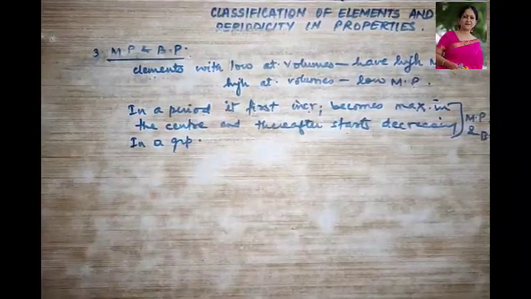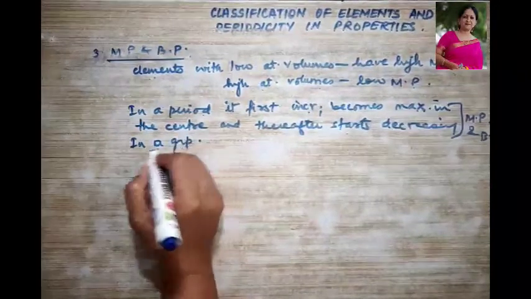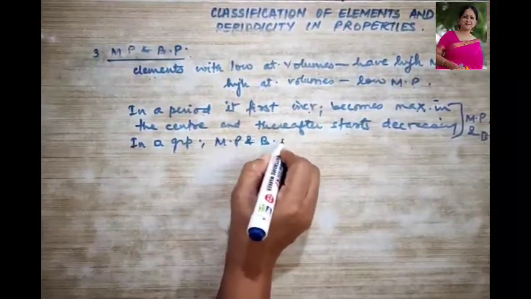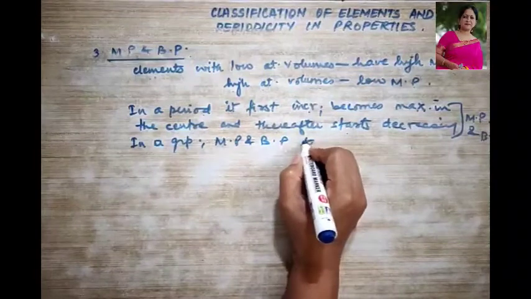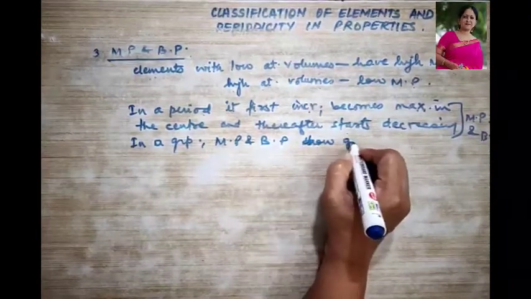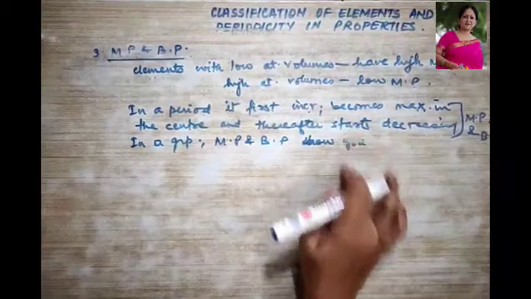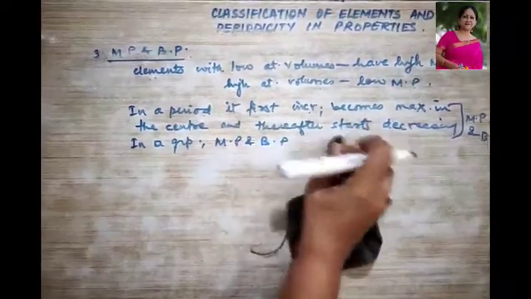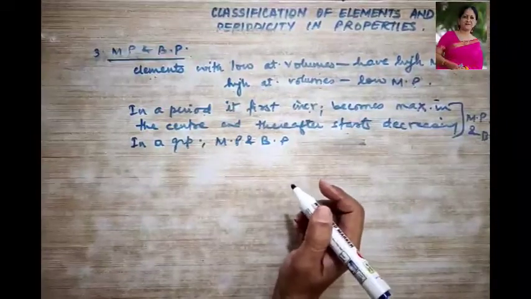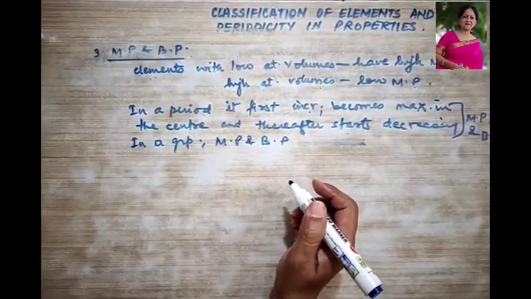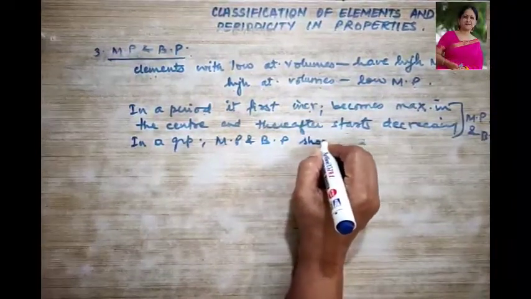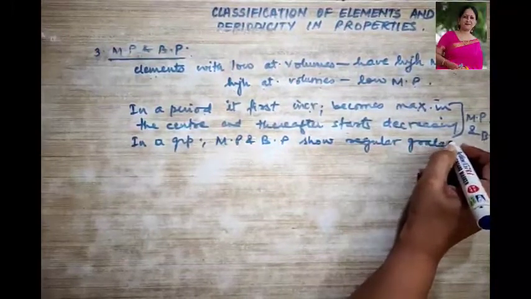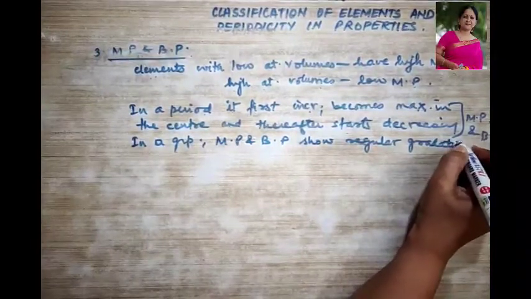So I'll write it down that in a group, melting point and boiling point show regular gradation, right?